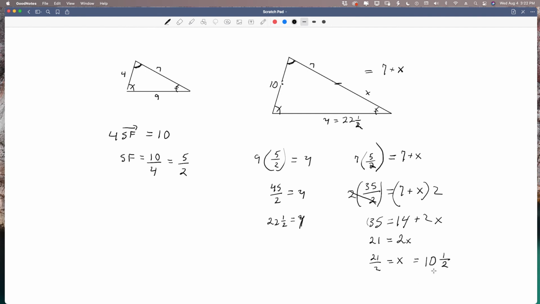So now we know that 7 plus x, x is 10.5. So our dimension here, we can say 7 plus 10.5 equals 17.5. And this is what this entire thing equals.